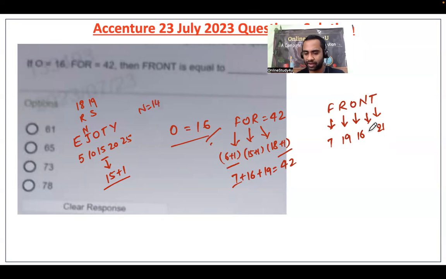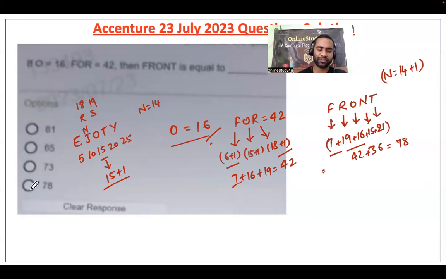So 14 plus 1 is 15. Now if you add everything, right, friends, N is 14, so 14 plus 1. You have to take one letter extra. So 35 and 7, 42 anyway. 42 plus 5, 16, 21, 3. So this will be 78. Is there any option? Yes, option D. So option D will become the correct answer.